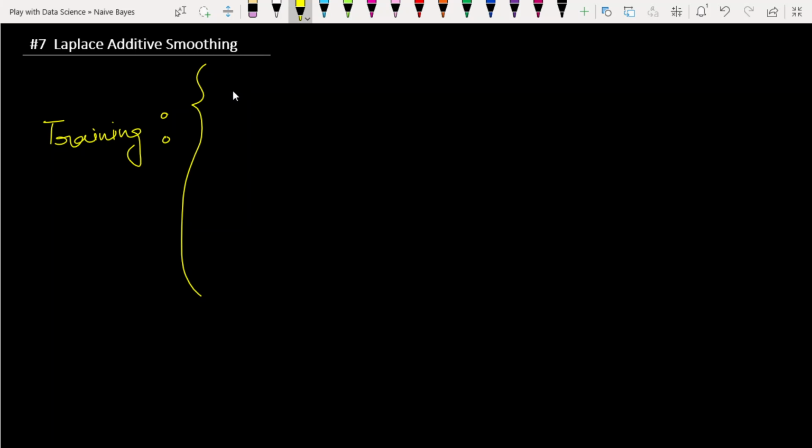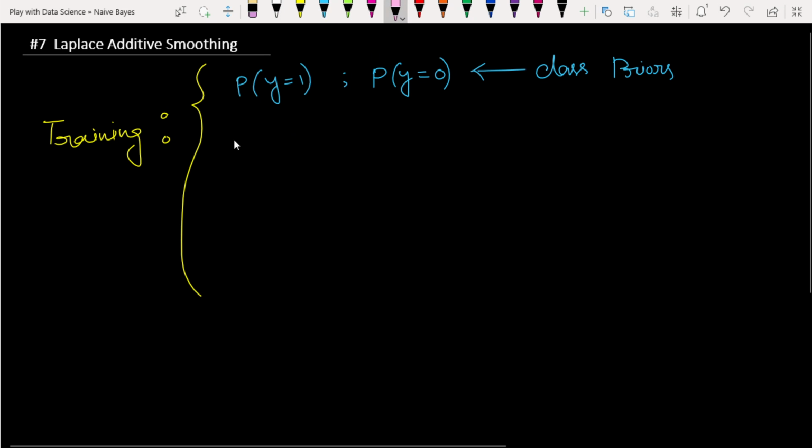If we consider binary classification, then first we are interested in calculating the class probabilities, and another thing we have to calculate is the likelihood probability.